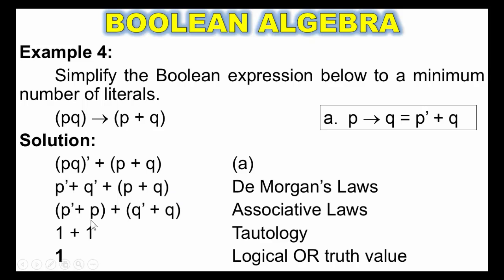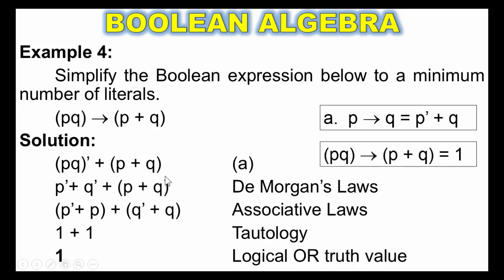So not of P or P becomes 1, not of Q or Q becomes 1, and then 1 or 1 is a logical 1. The logical or truth value of 1 or 1 is 1. And that is the answer. So the Boolean expression, if quantity P and Q, then quantity P or Q, is equal to 1, is a tautology.